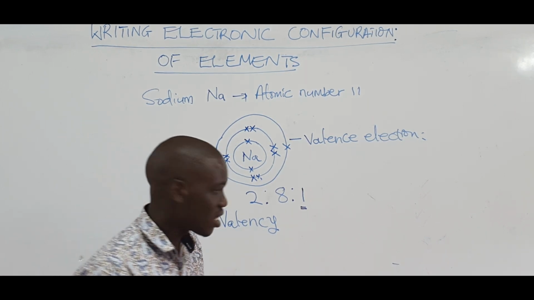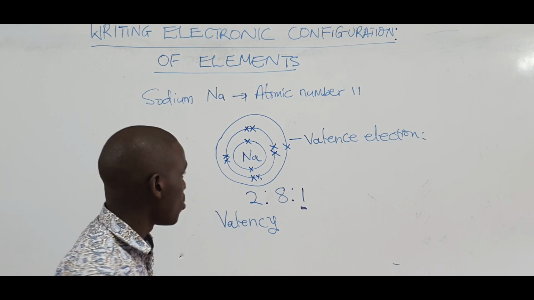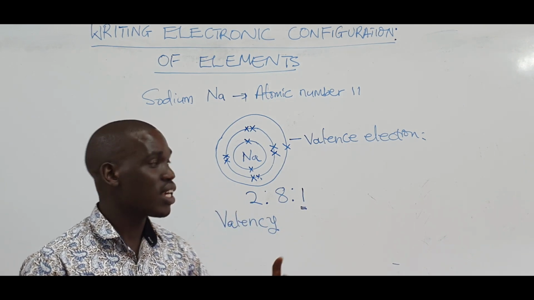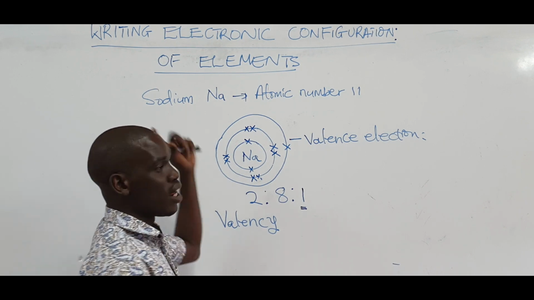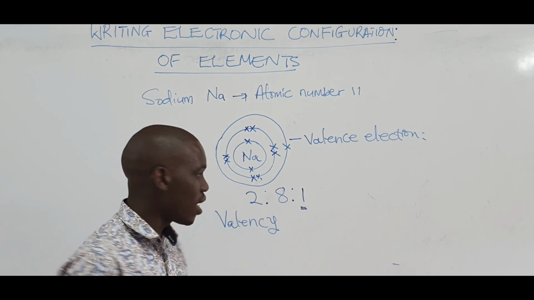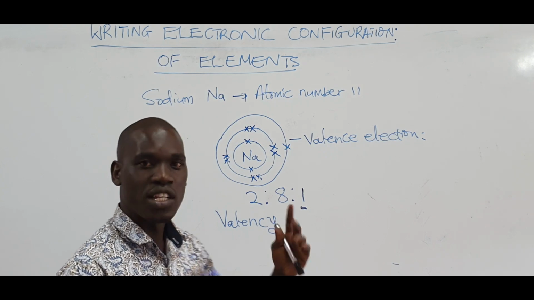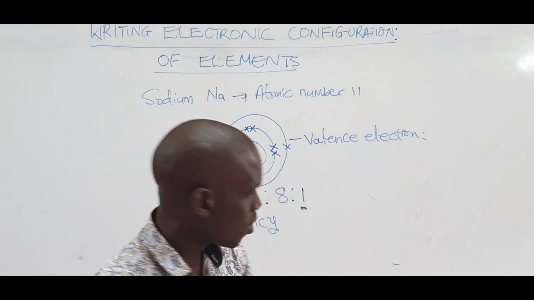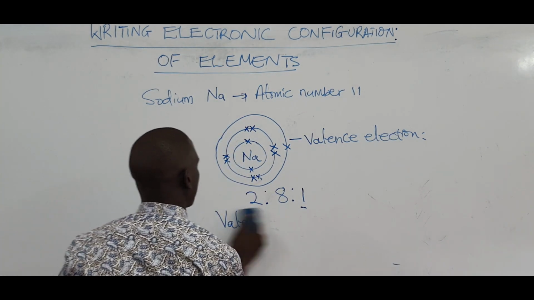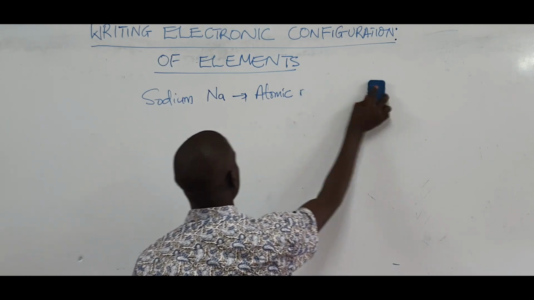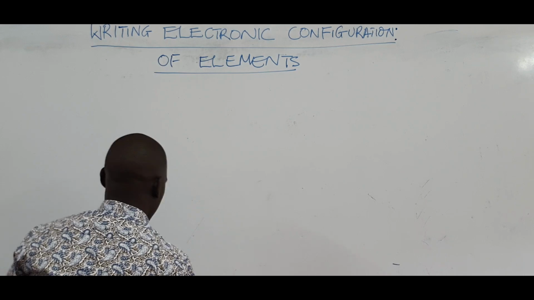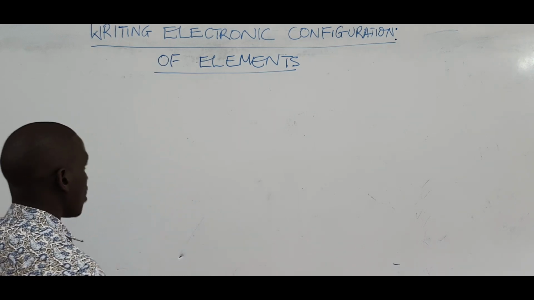So we are sticking still on how we can be writing electronic configurations. So let us look now at elements from 1 at least up to the 20th element of the periodic table. So what do we have?